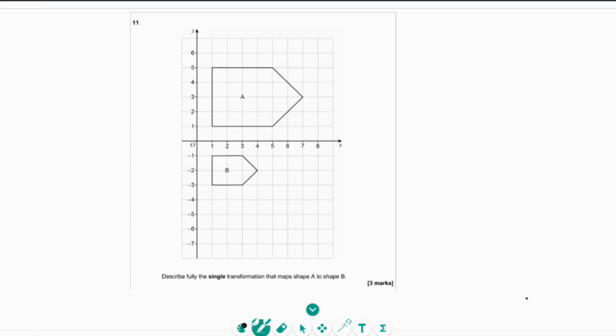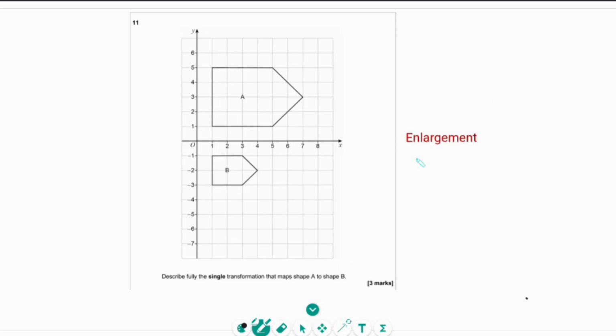Describe fully the single transformation that maps shape A to shape B. So the 4 different types of transformation are enlargement, rotation, reflection, translation, which is clearly an enlargement. So the first mark is for writing enlargement.